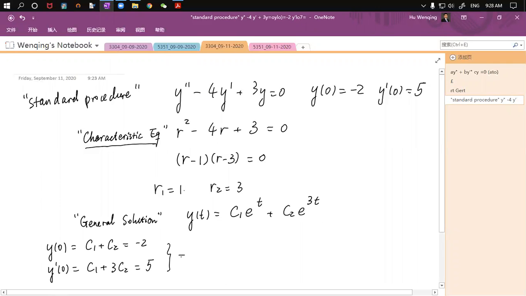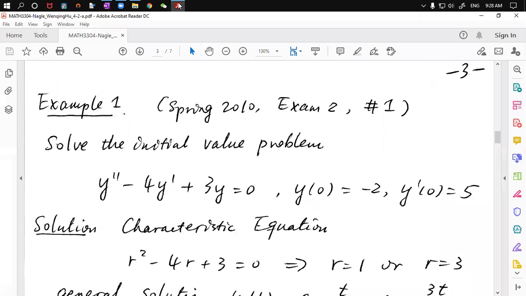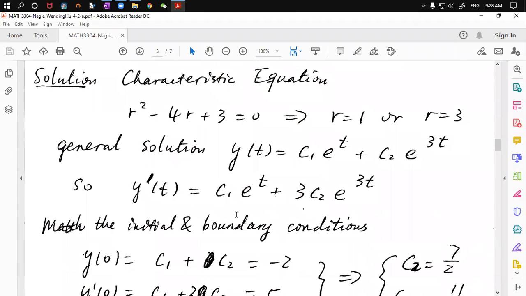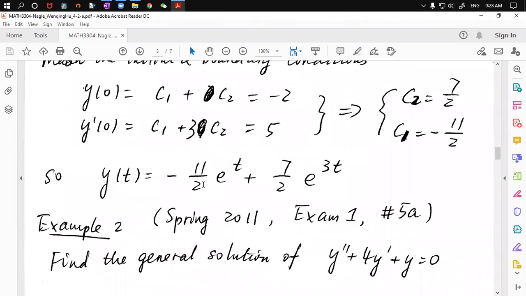From here, I want to solve for c1 and c2, so I subtract this equation. So c2 is going to be equal to 7 over 2, and c1 is going to be minus 11 over 2. Those are the values of c1 and c2.